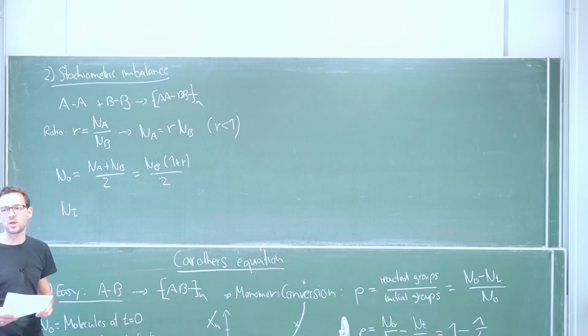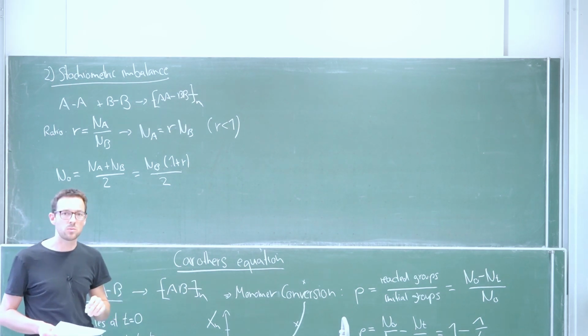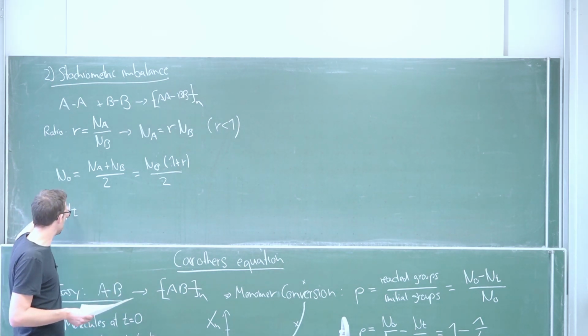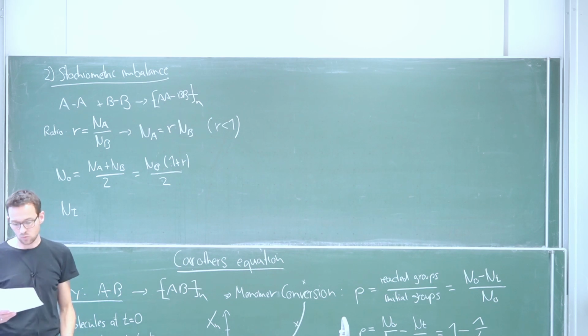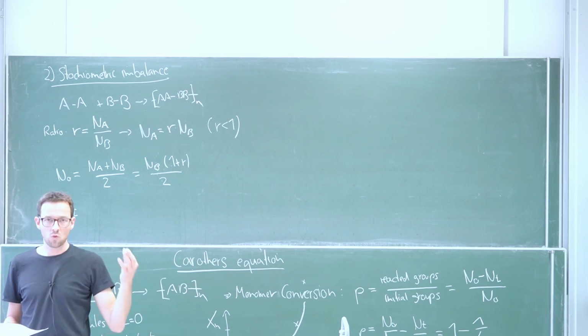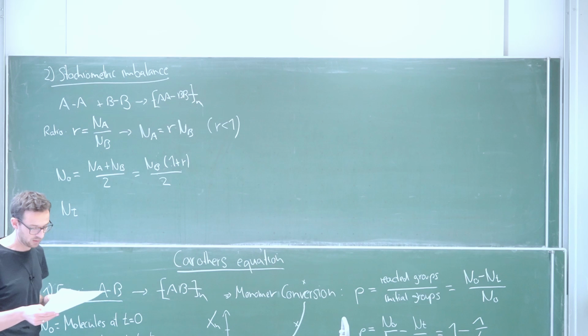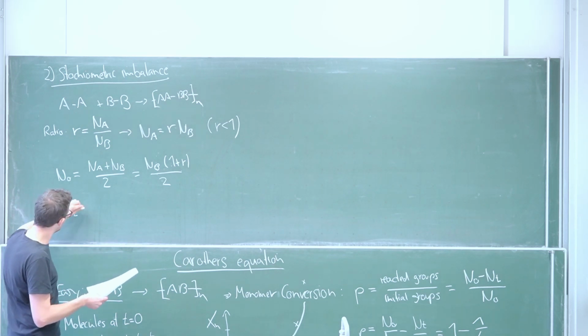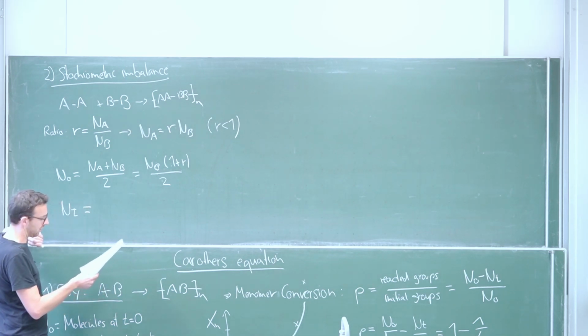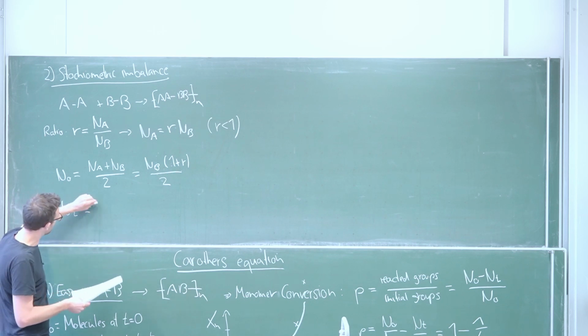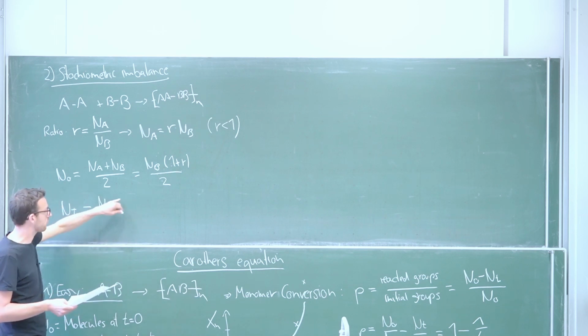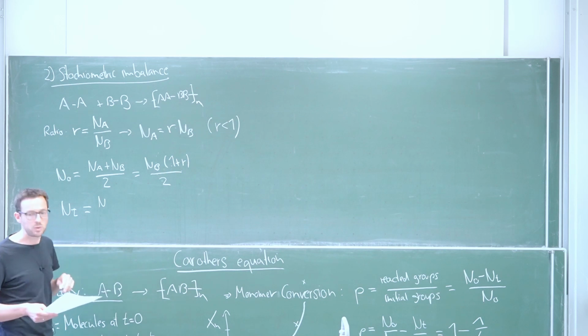Okay, what else do we need? Nt. Those are the 2 things we need to calculate our degree of polymerization: N0 divided by Nt. And this will be the total amount of groups that still have not reacted, divided by 2, because it should be a molecule.